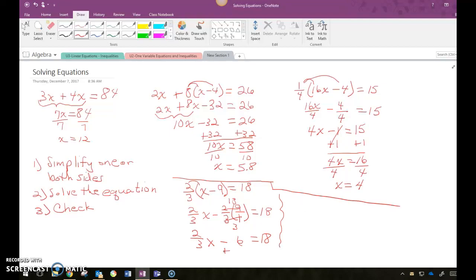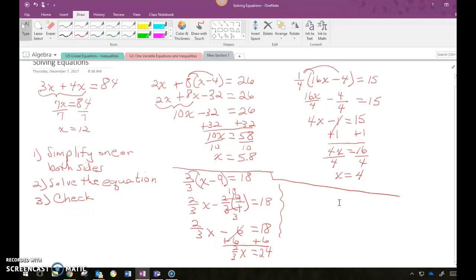So next I'll add 6 to both sides because I need to undo that subtraction. 18 plus 6 is 24. This cancels out, so now I've got 2/3 x equals 24. So how would I undo multiplying by 2/3?